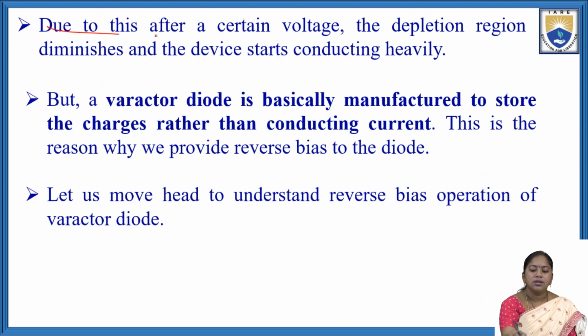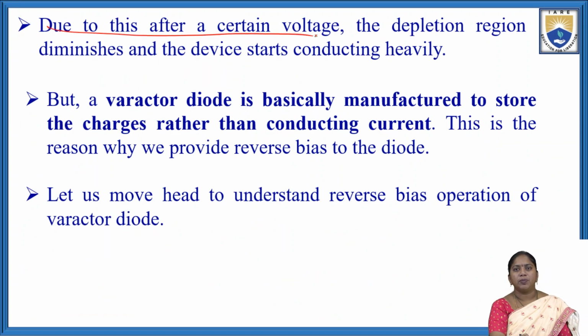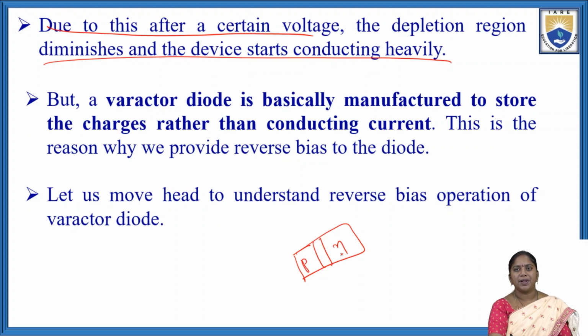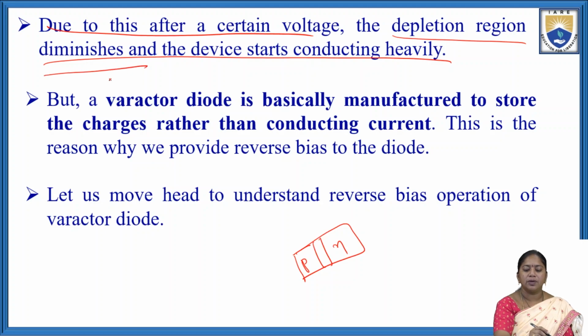Due to this, after a certain voltage, the depletion region between the P and N regions diminishes and the device starts conducting heavily.